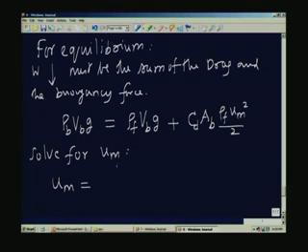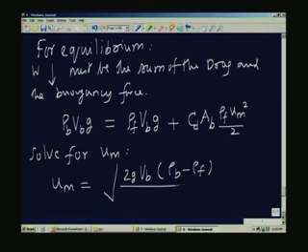So, this will be 2 g V b, which is common to both these cases, multiplied by rho b minus rho f, divided by rho f C d A b. So, the value of the velocity u m is equal to this.